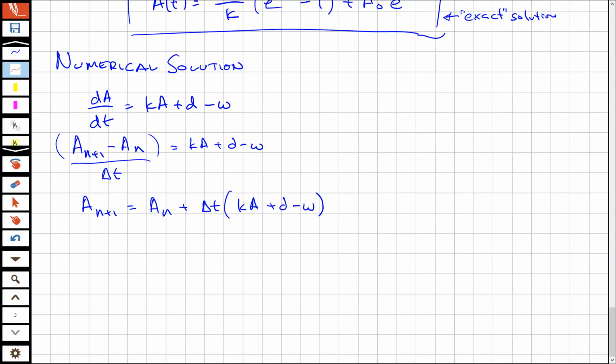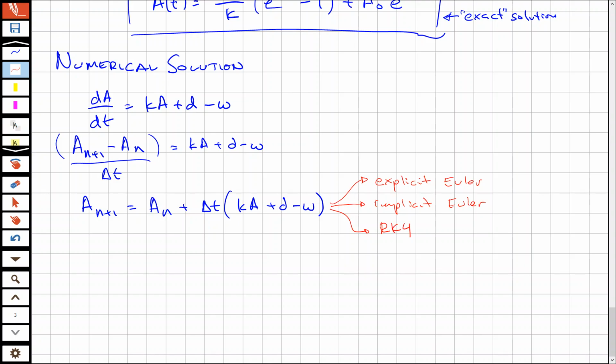In this case, now we have the choice. As we've done before, we can look at our different types of numerical methods. So we have the explicit Euler, the implicit Euler, or the RK4.